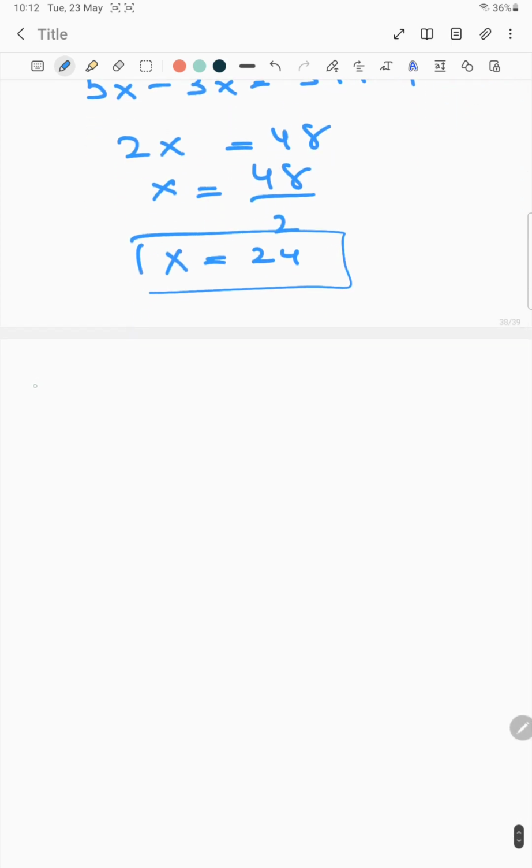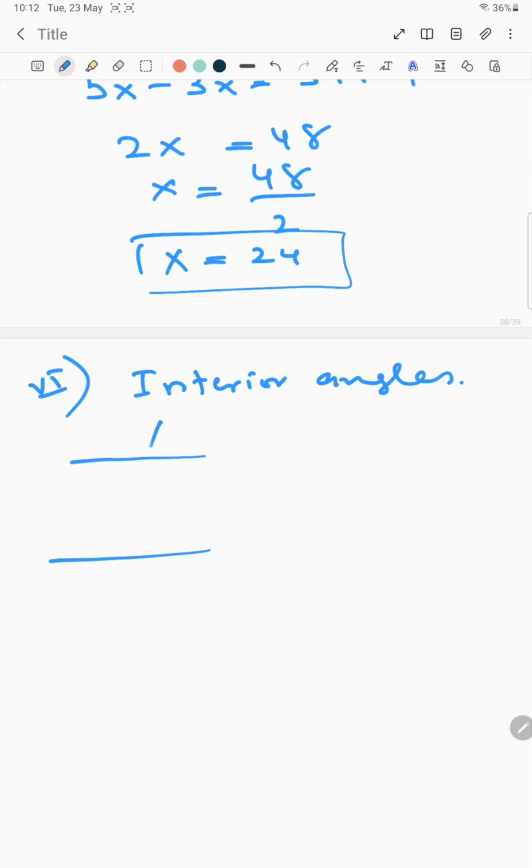Now the last property, interior angles. When you have two parallel lines and a transversal, these angles are on one side. See, these are under the line but in the same direction, on the same side, and these angles can be like this as well.